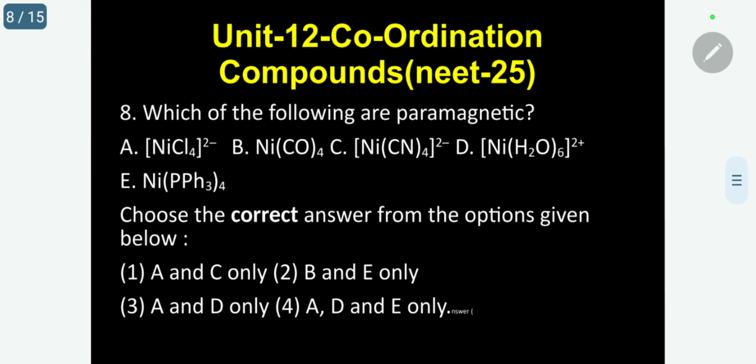If you go for Ni(CO)4, it is tetrahedral. Kindly follow.